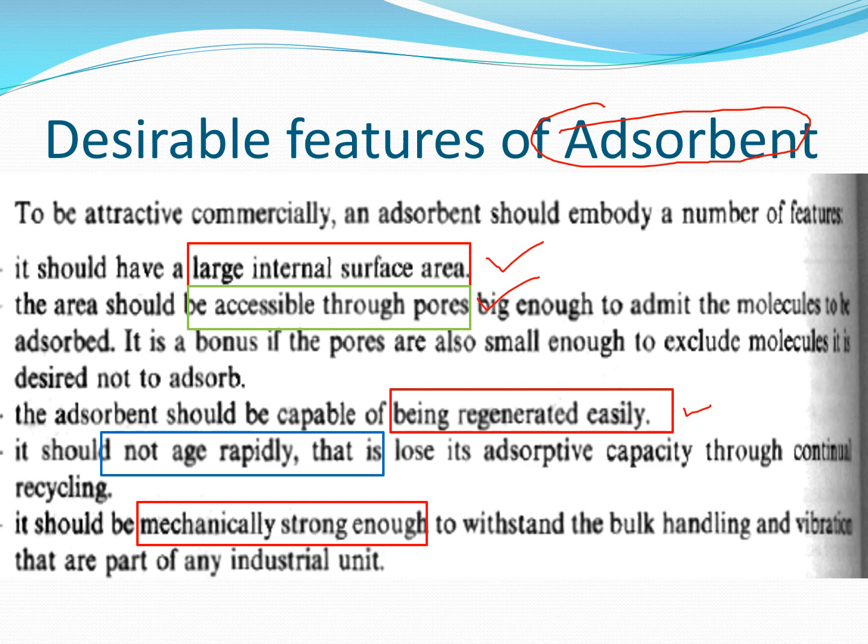It should regenerate easily and not age rapidly, like you can use it for 5 to 6 cycles, or at least 7 to 8 cycles. It should be mechanically strong enough, that means if you have certain pressure coming in the feed stream or certain vibration, the particles should not break down further.